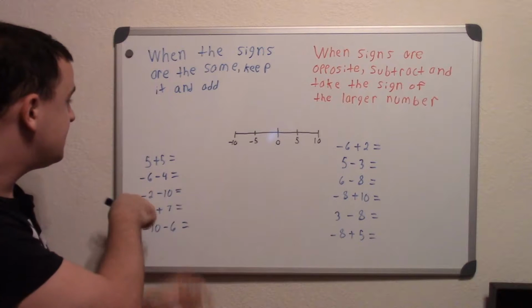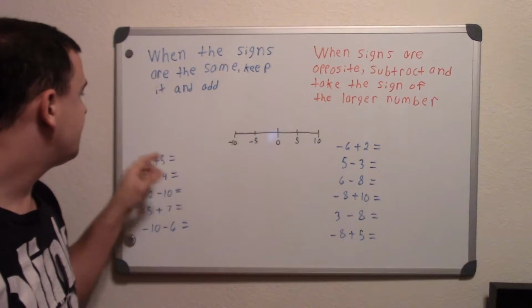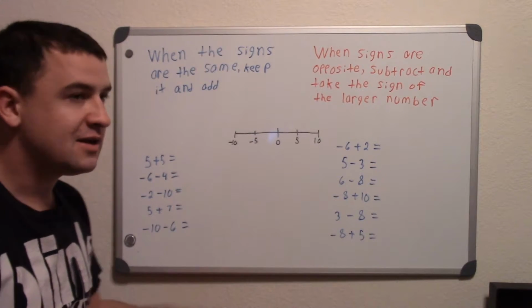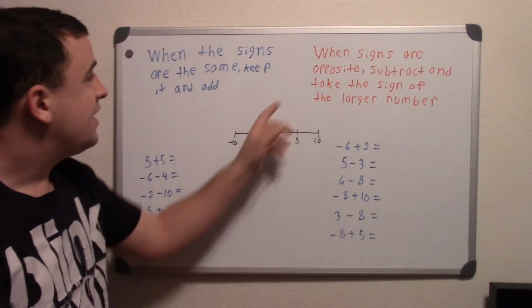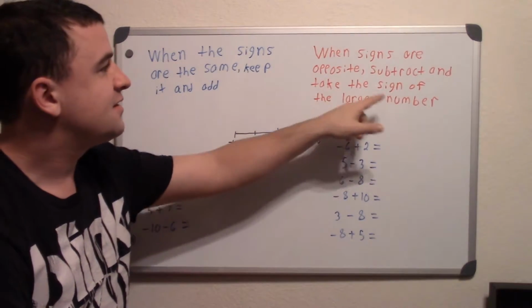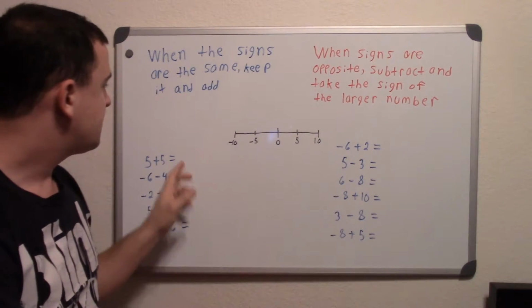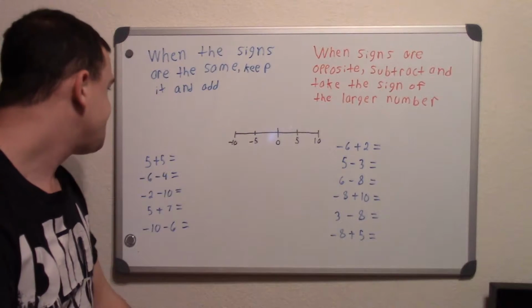If you were to flip these, -4 -6, you get the same answer. So don't get confused on what is indicating negative or positive, or adding or subtracting. It's the same thing. And over here, when the signs are the opposite, subtract them and take the sign of the larger number. So I'll show examples of how to use these and how to simply make it easier.